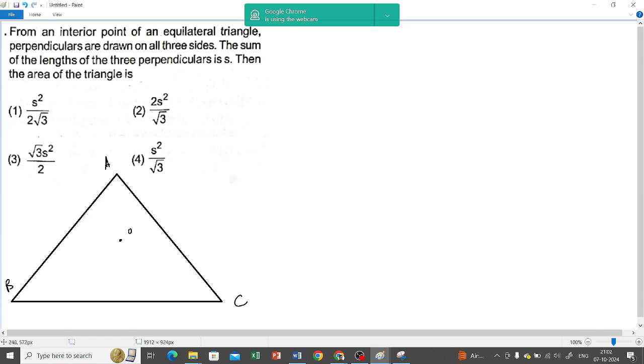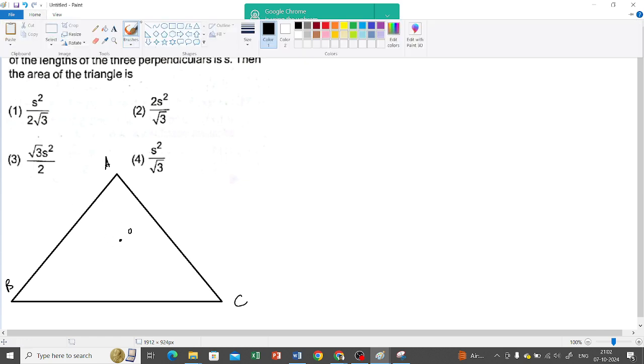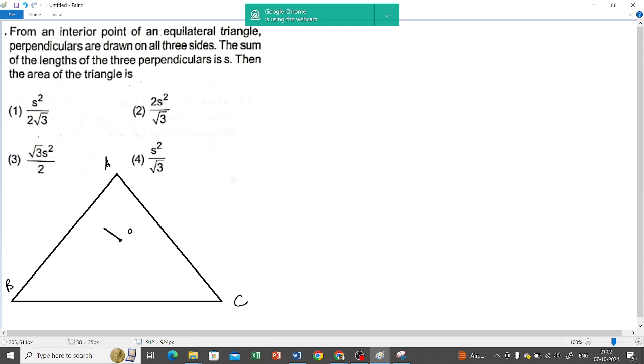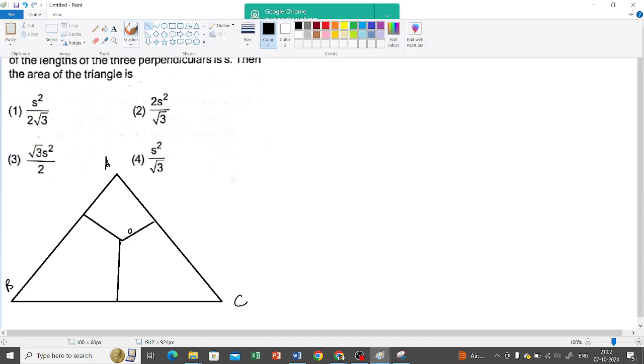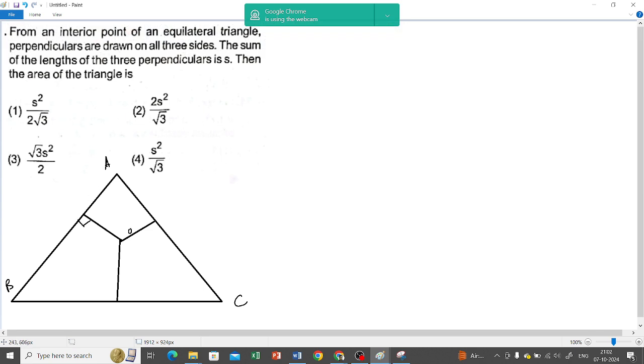What does that mean? এখান থেকে একটা perpendicular, এখান থেকে একটা perpendicular, এখান থেকে একটা perpendicular। Okay, and the sum of the length of these three perpendiculars is S, X, Y, Z.